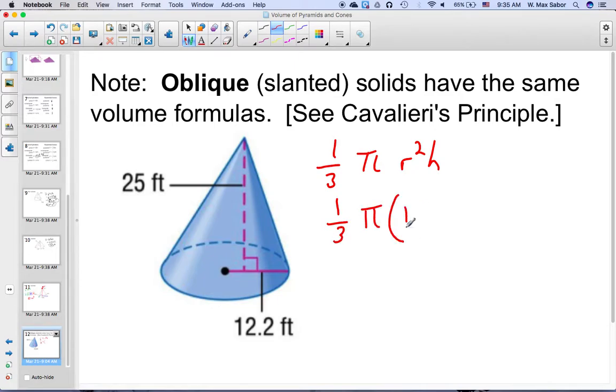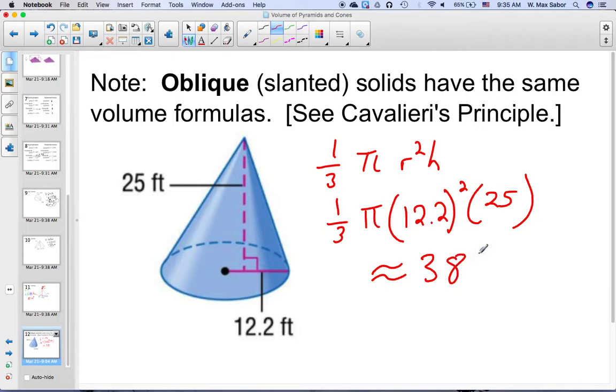So pi times 12.2 squared times 25 times 1/3. I'm getting that this is about 3,897 cubic feet. All right, that is how we find the volume of pyramids and cones.